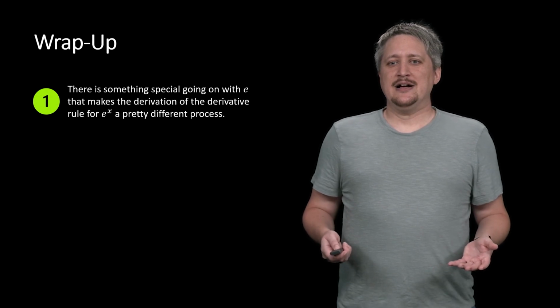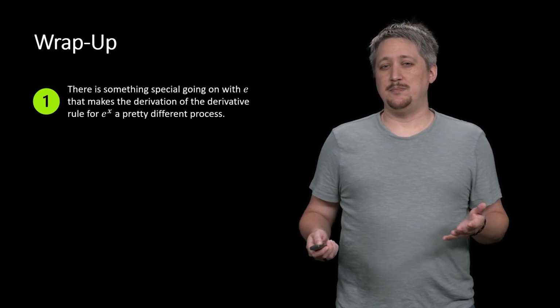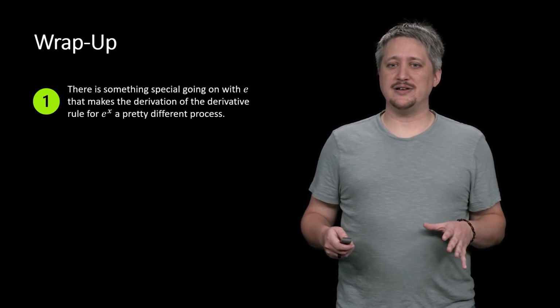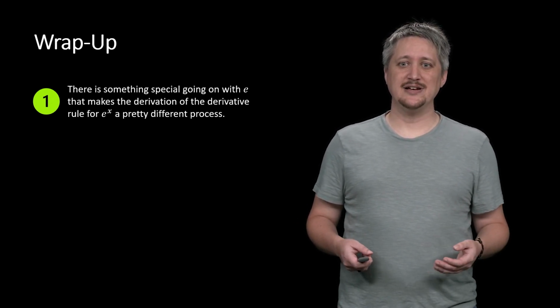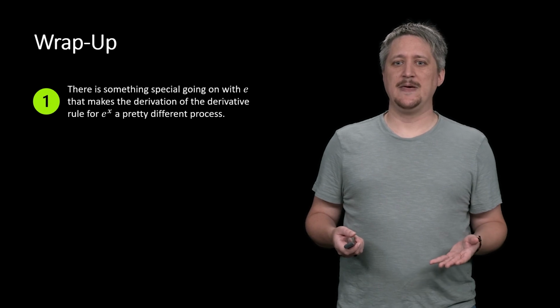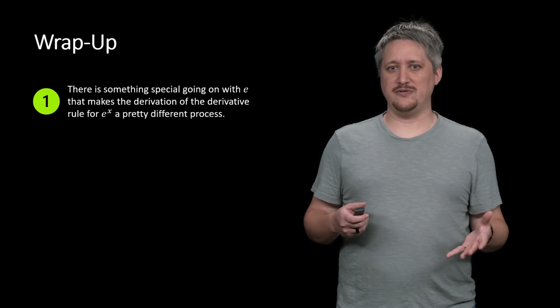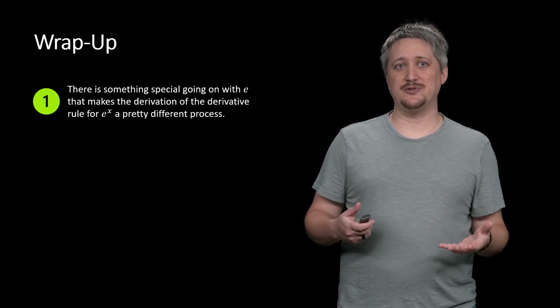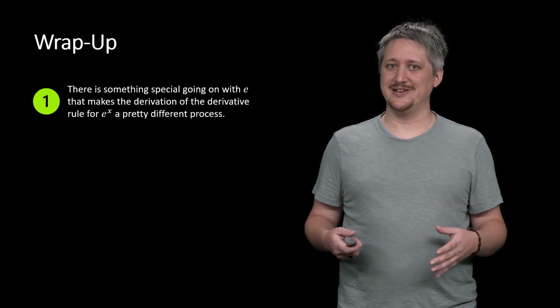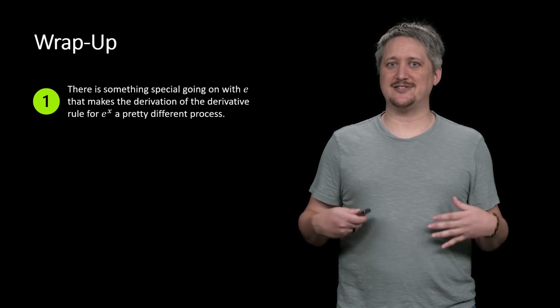All right. So what do we do? So there's two bits here. One is that we stumbled upon, perhaps even accidentally, that there's something special going on with e that makes the derivative of e a very different process, but also a very nice process, right? Taking that derivative of e to the x got us e to the x.